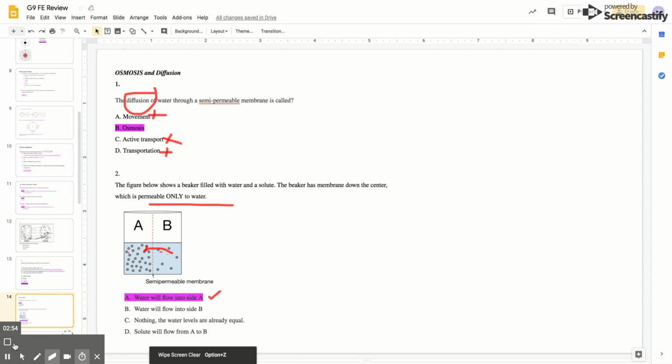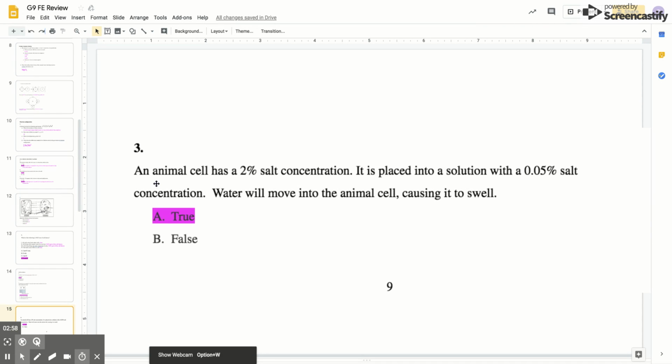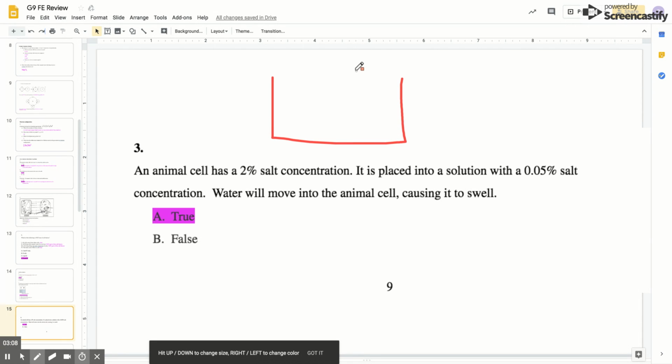Now, next question is: an animal cell has 2% salt concentration. It's placed in a solution with 0.05% concentration. So this is the animal cell. It has 2% salt concentration, right?